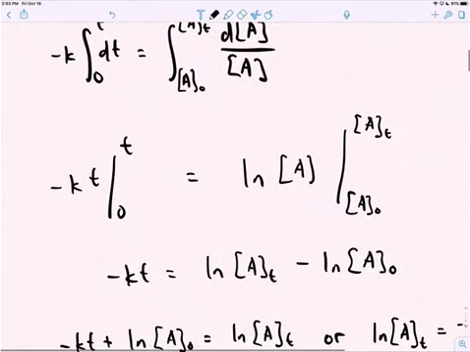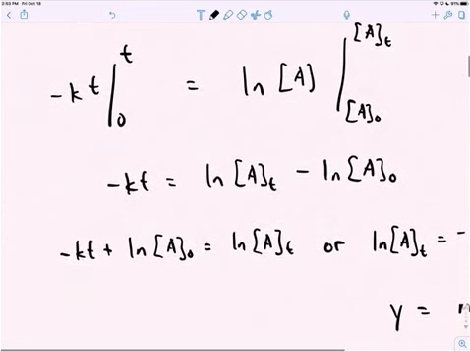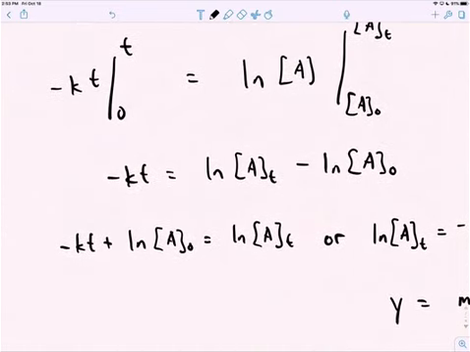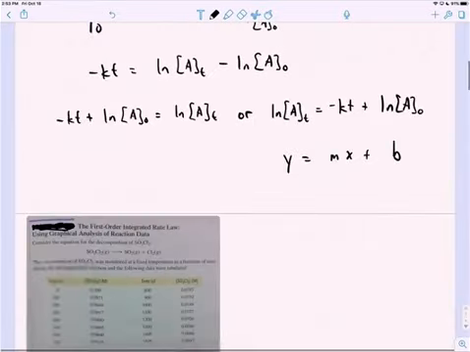Then minus kt is ln A minus ln A0, or you can rearrange it to have your ln of concentration at time t equals minus kt plus the natural log of the initial concentration. And this is just like the equation of a line, y equals mx plus b.